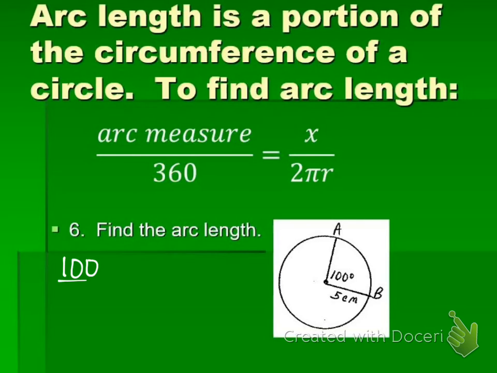It would be 100. We always put the arc measure over 360 because that represents the entire circle. Equals, we use x to represent that length that we're trying to find. We don't know what it is yet. Over 2 times pi times the radius, which in this case is 5.